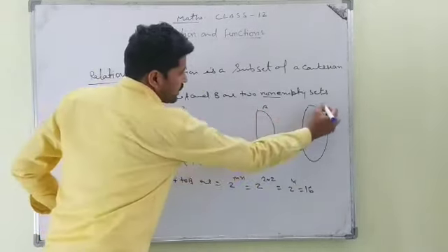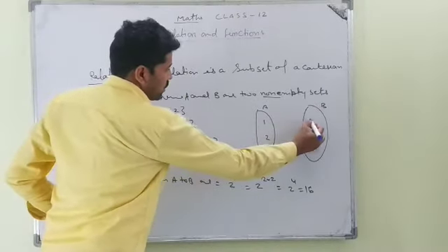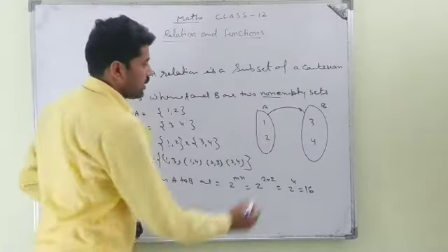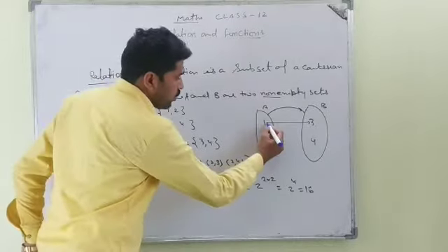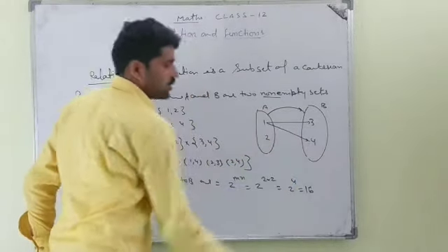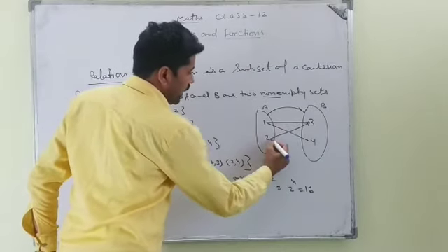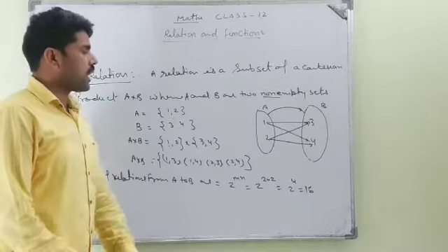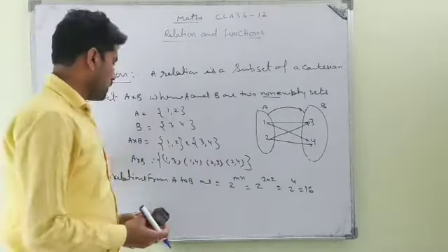This side is A, this is side B. Here the elements 1, 2, and this is 3, 4. So the relation is A to B. 1 matches with 3, 1 also matches with 4, 2 also matches with 3, and 2 also matches with 4. So this is another type of definition of the relation.